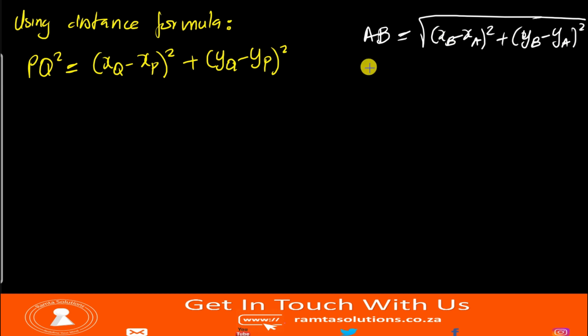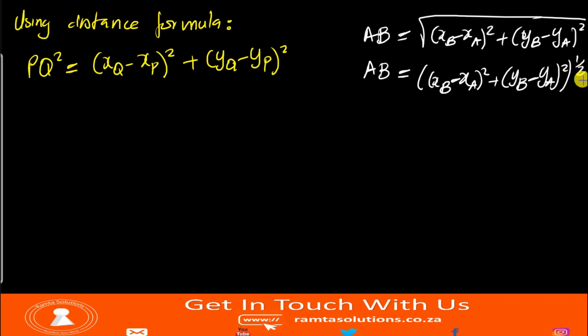Because you are now in grade 12, in grade 11 you learned about surds. So let me rewrite what's under the square root. Remember, a surd, especially a square root, means you have power half.